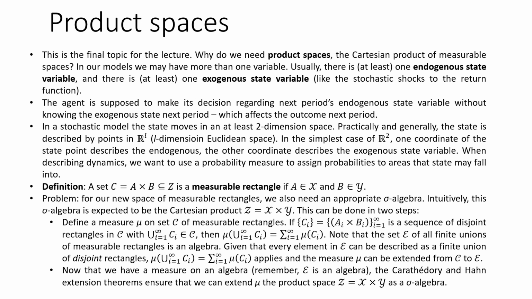If we have a sequence of disjoint rectangles, so that the union of these rectangles is in the set of measurable rectangles, so this is very simple, we need a series of rectangles, the union of which is also a measurable rectangle. Then you can see that the measure is supposed to abide by the simple adding up property, and given that the family of all finite unions of measurable rectangles is an algebra, we can use the fact that all the elements in E can be described as a finite union of disjoint rectangles.